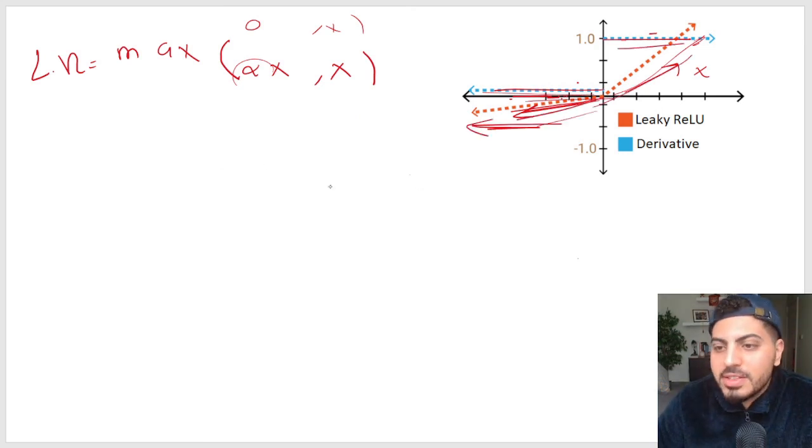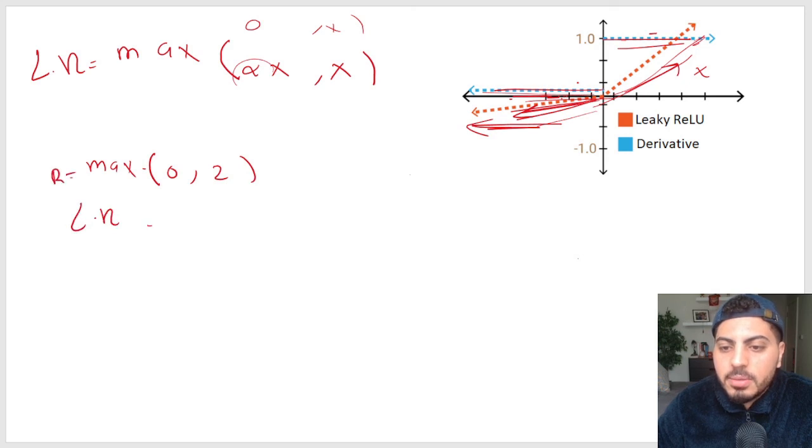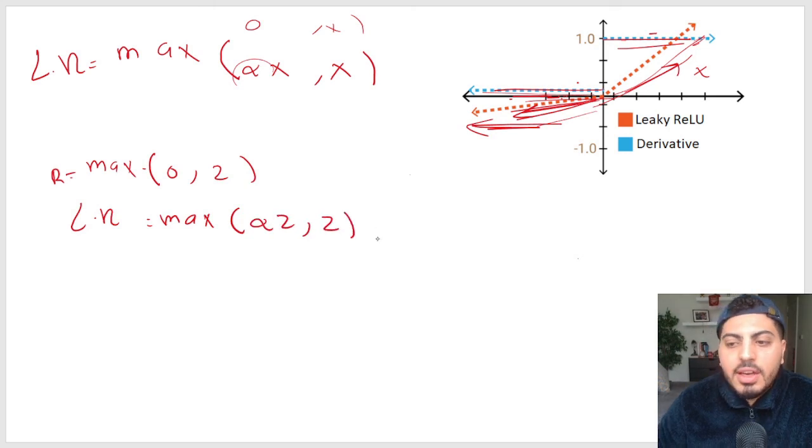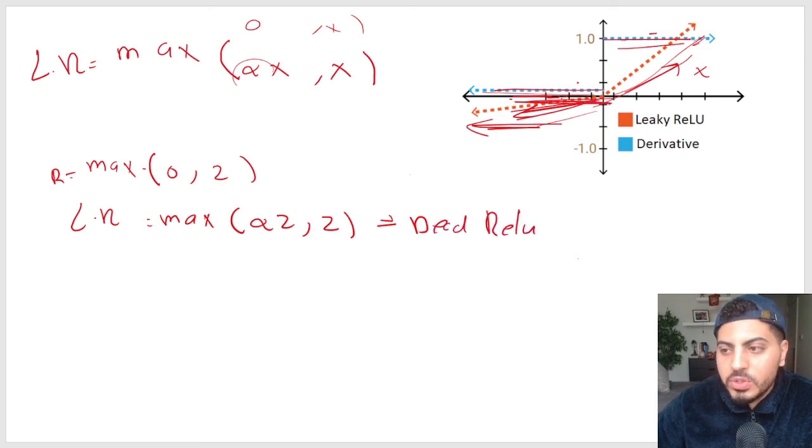That's it. So the ReLU function is simply max of 0 and the input. Leaky ReLU is max of alpha times the input and the input. And leaky ReLU overcomes one of the shortfalls of the ReLU, which is what is called the dead ReLU, where the ReLU is always 0.